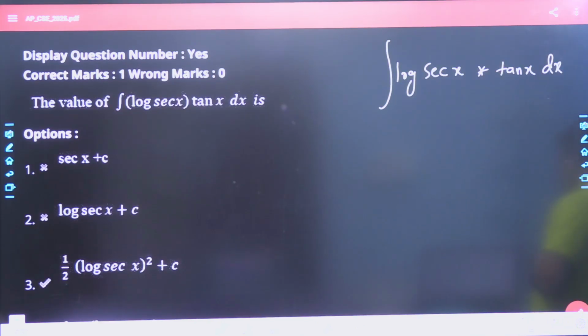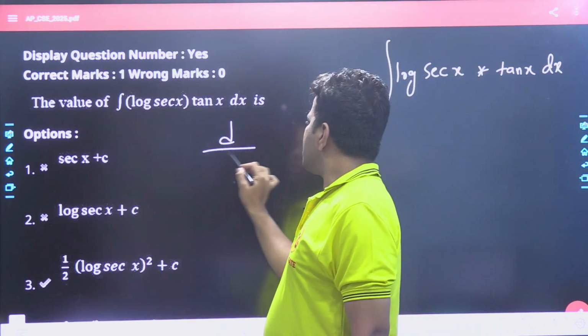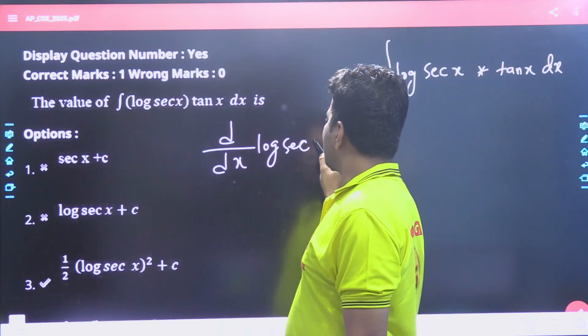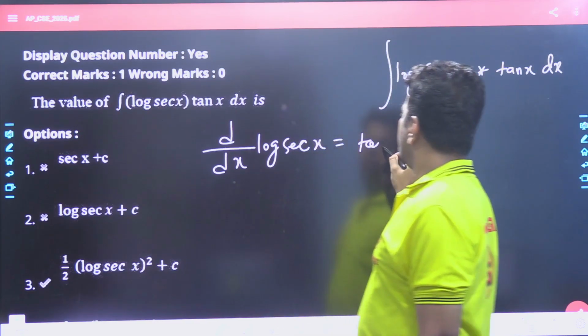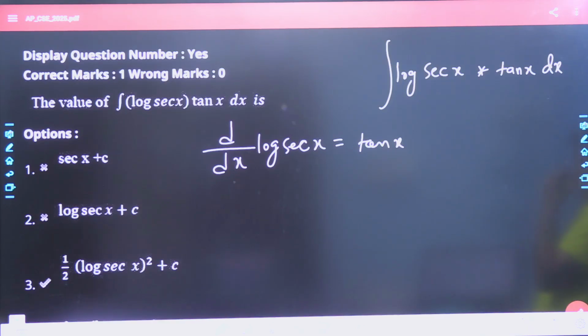Okay, so just recall one differentiation. If we take the differentiation of log sec x, it gives you tan x. Just recall that identity.